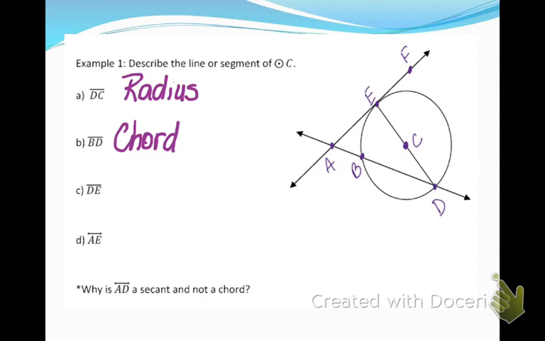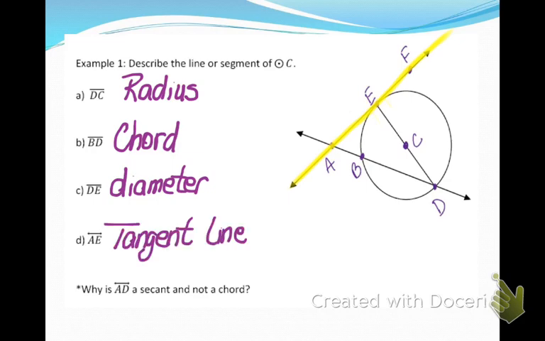If I look at segment DE, that's this whole great big long one here, that is called a diameter. And lastly, if I look at line AE, the entire line, that is called a tangent line because it intersects the circle at exactly one point.